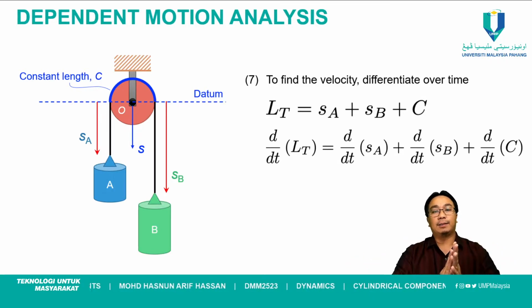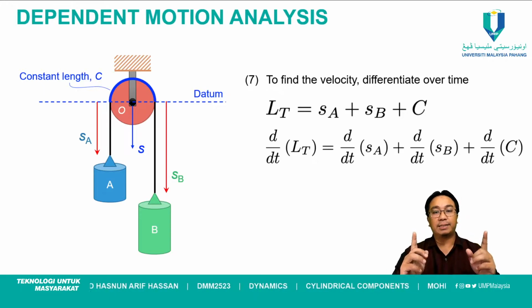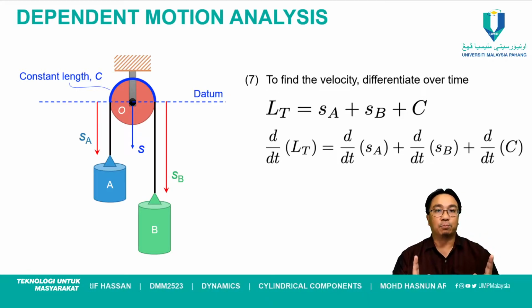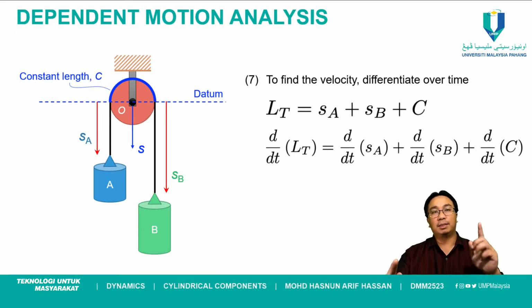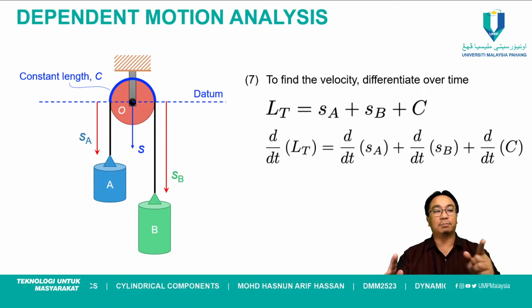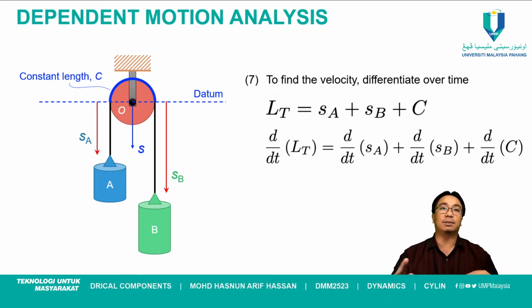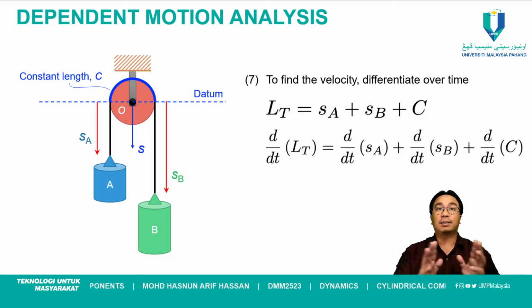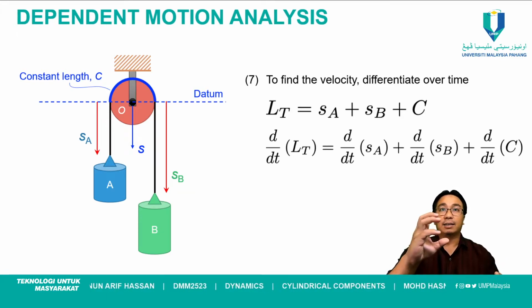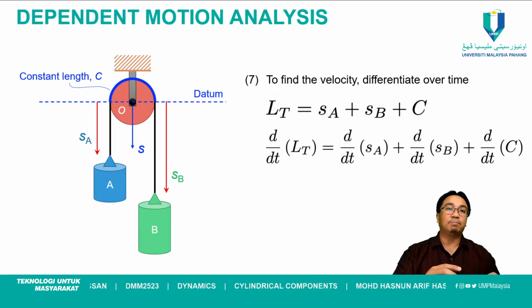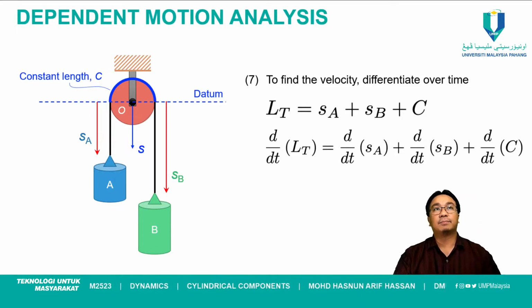Okay, tadi kita bagi tahu panjang tali itu tidak berubah. Sepanjang masa panjang tali tu tidak berubah. T sama dengan 0, T sama dengan 1, T sama dengan 2, T sama dengan 5 saat. Panjang tali kekal. So, kalau kita differentiate panjang tali yang kekal tu over time, apa kita akan dapat? Dia berubah tak over time?